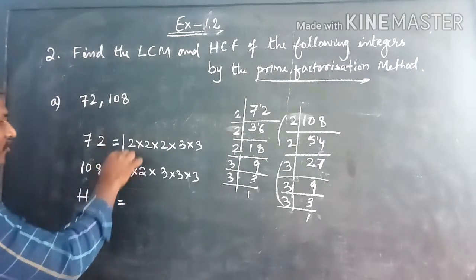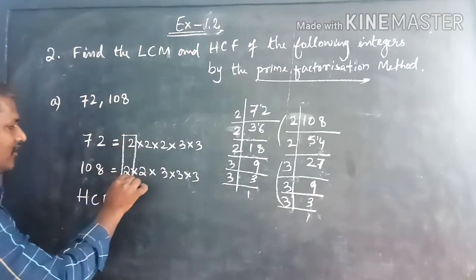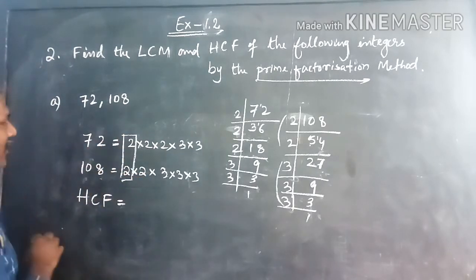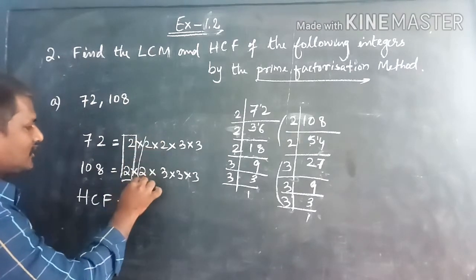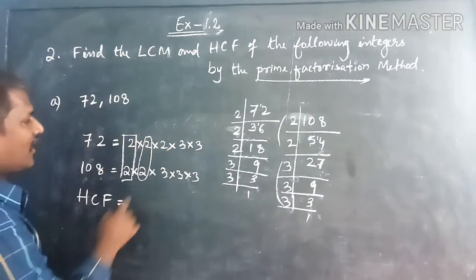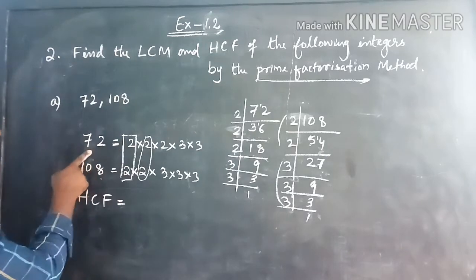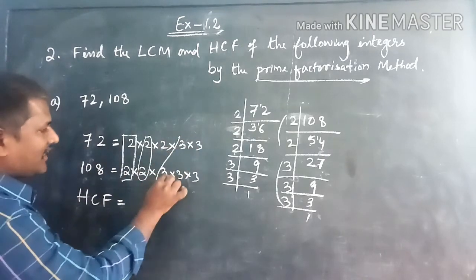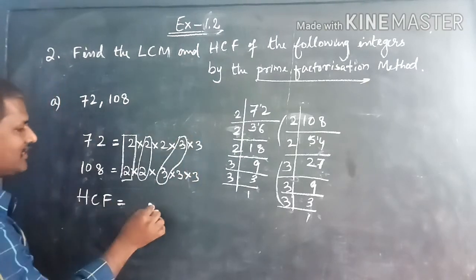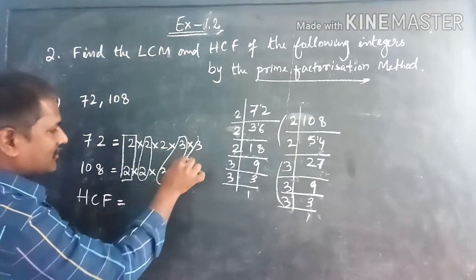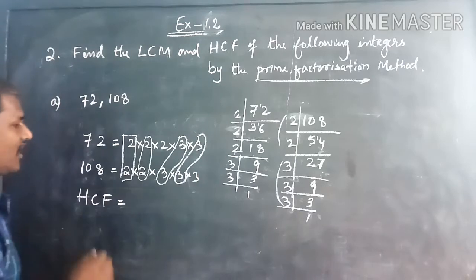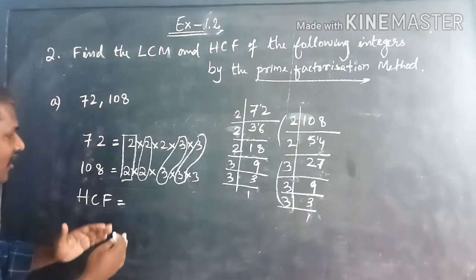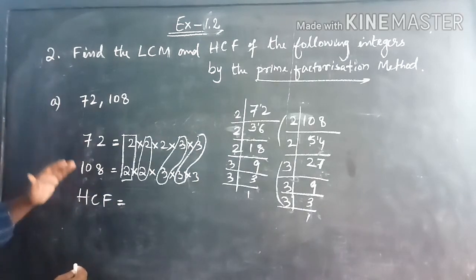Here 2 is a common factor between 72 and 108. Similarly, 2, 2, these two are also common factors. Now 2 is a factor of 72 but 2 is not a factor in 108. Next, 3 and 3 are common factors, and moreover these 3 and 3 are also common factors. Now you have to select all the common factors between 72 and 108.